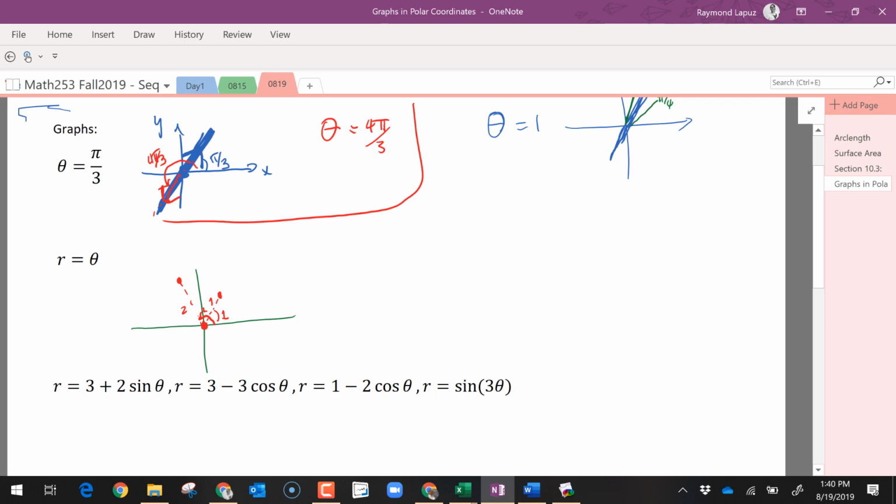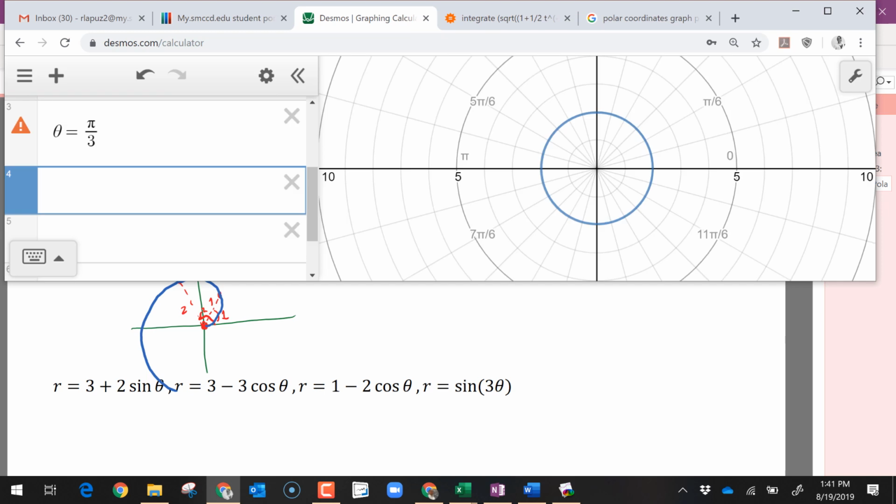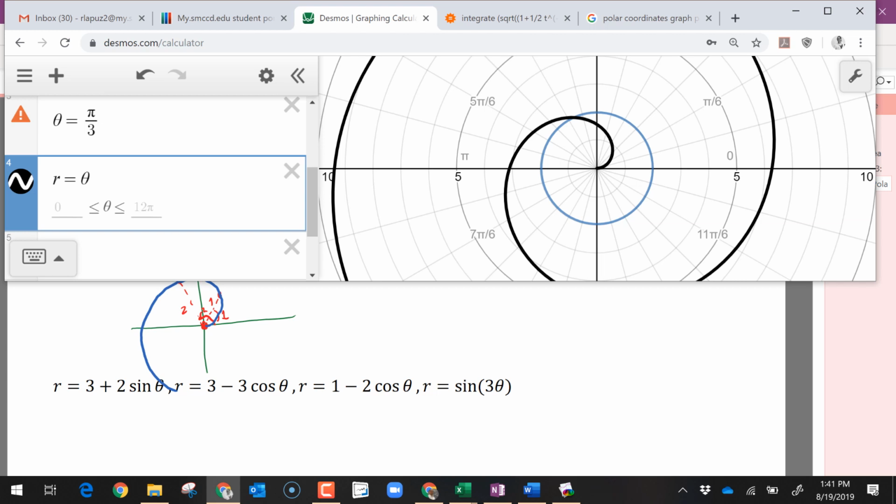And so what that's going to do is trace out this thing that gets larger as you go around in a circle. Okay, that's going to be a spiral. Now in Desmos, I guess it'll grow really quickly unless I multiply it by like a half or a third or something small. But if we try to draw it in Desmos, whoops. Kind of looks like that.